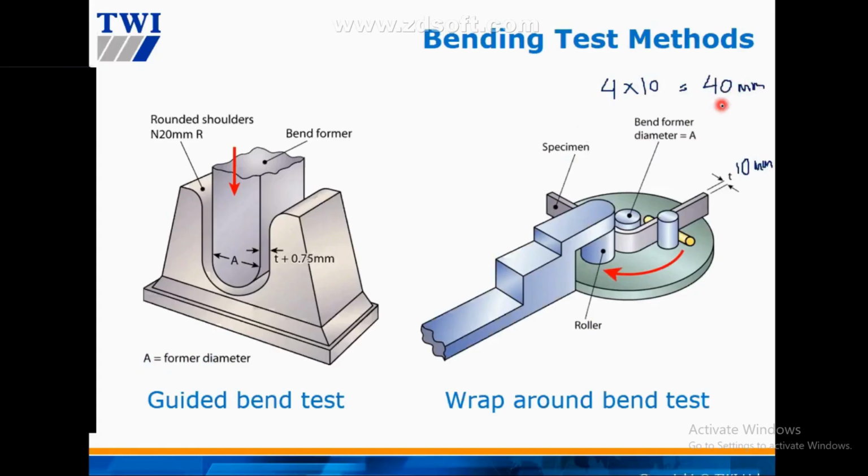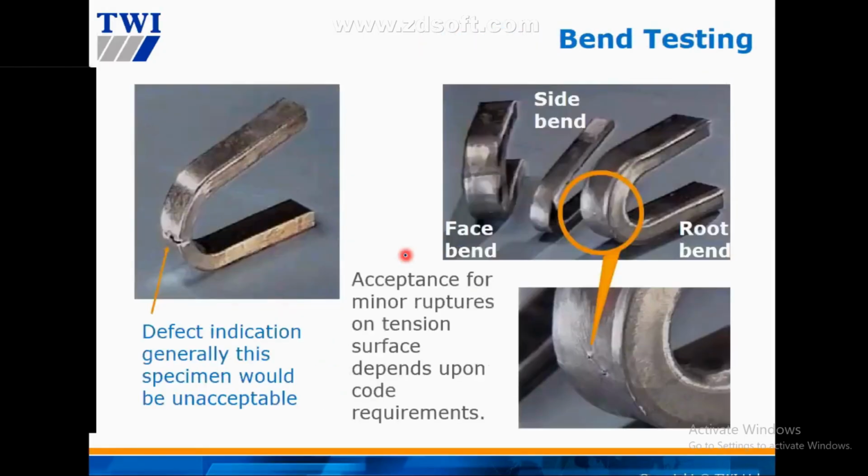That is the former diameter. Is it accepted or not? It depends on the size of the defect. If it breaks, it is unacceptable. A small indication, minor rupture, maybe less than 3, may be acceptable. Later on you refer to the spec.